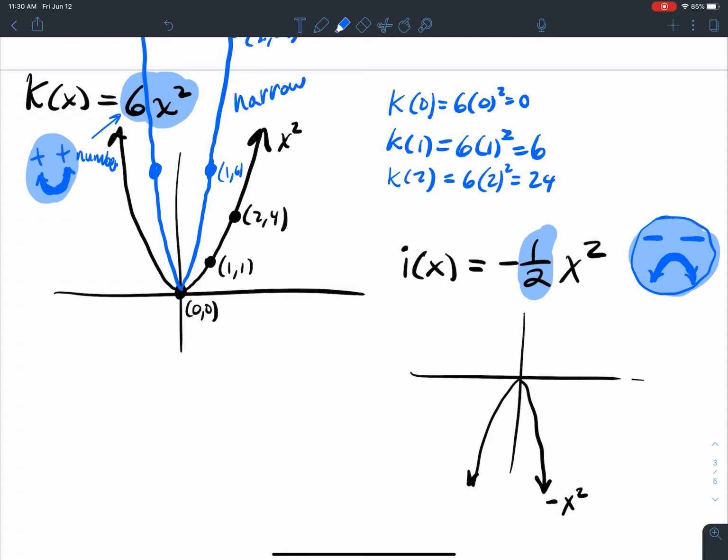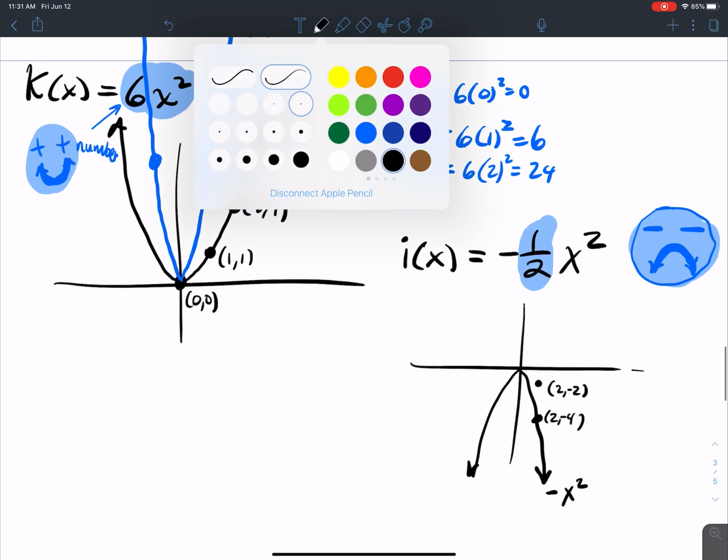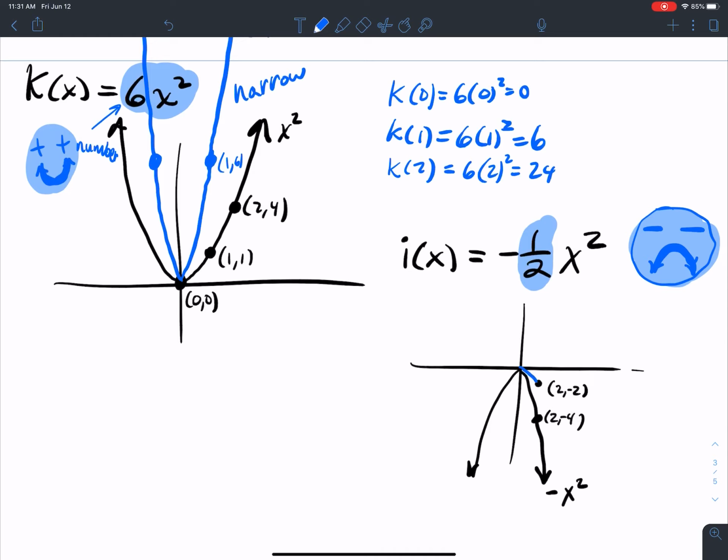So instead of going all the way down to 2 comma negative 4, we're going to go halfway down to 2 comma negative 2. Okay? So my graph now goes half down, half as fast. So it's still going down, but it's just going down at half the speed as the other. So it's more wide.